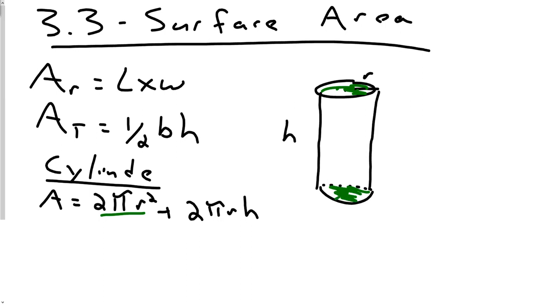Pi r squared is just the area of a circle. You times it by 2 because there's two circles. Okay? And then this 2 pi r h, this part that I'm going to line in red, that's for the walls of the cylinder.